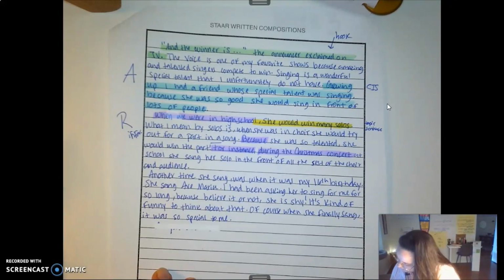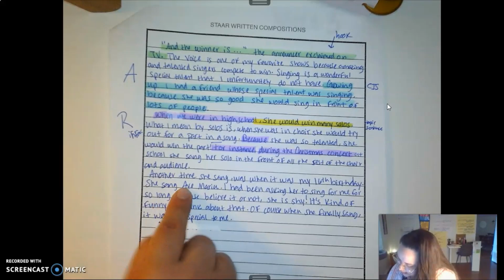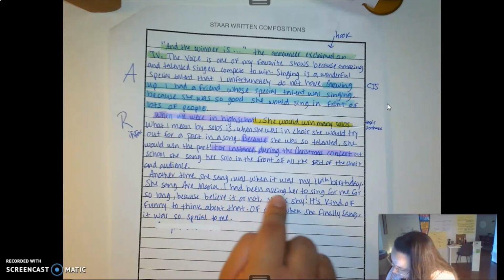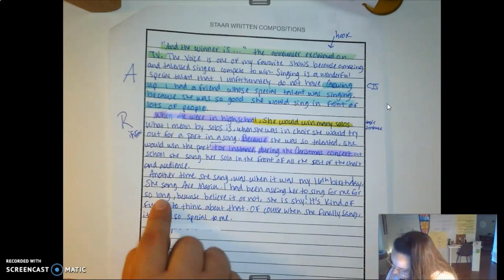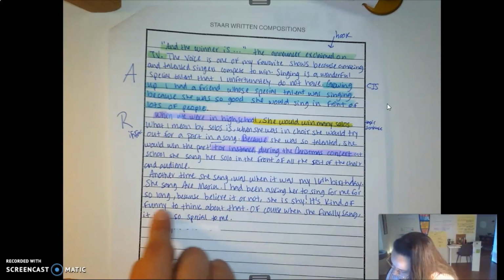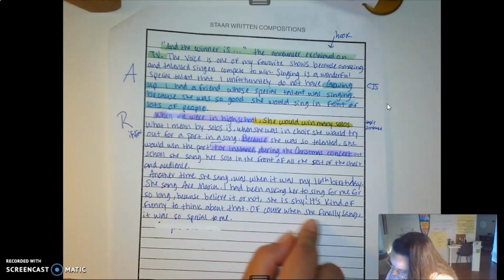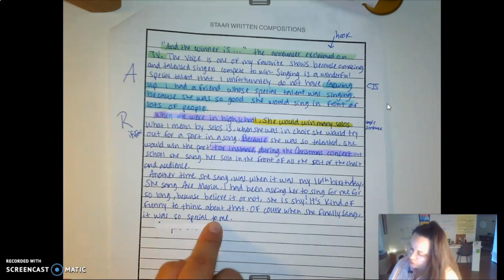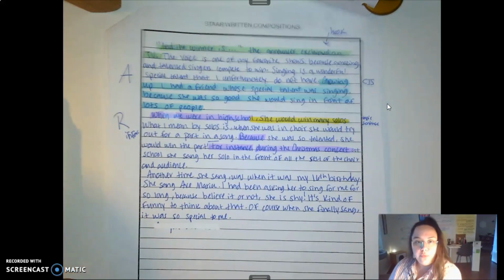Another time she sang was when it was my 16th birthday. She sang Ave Maria. I had been asking her to sing for me for so long because, believe it or not, she is shy. It's kind of funny to think about that. Of course, when she finally sang, it was so special to me. Ooh, okay.